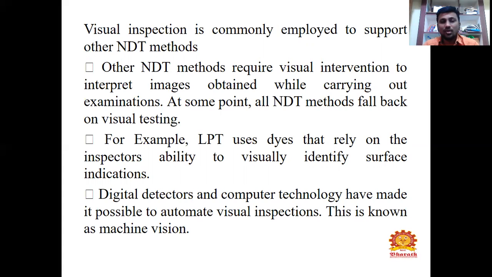This is known as machine vision. So you know what machine vision means: digital detectors and computer technology make automatic visual inspection possible. So it's called machine vision.